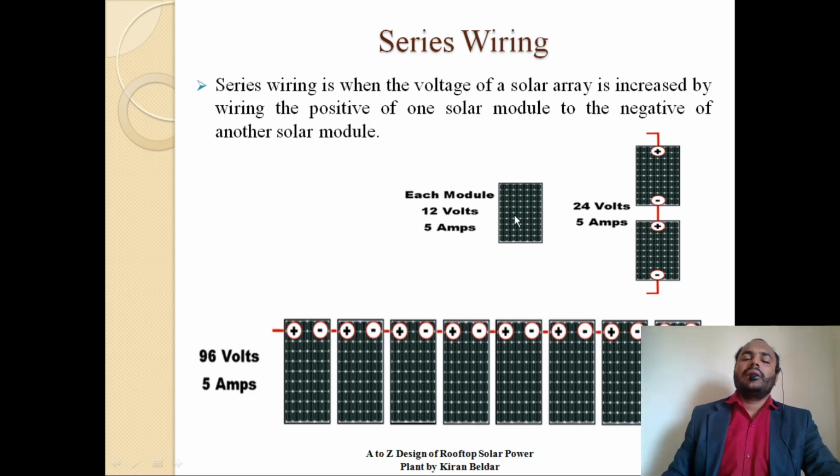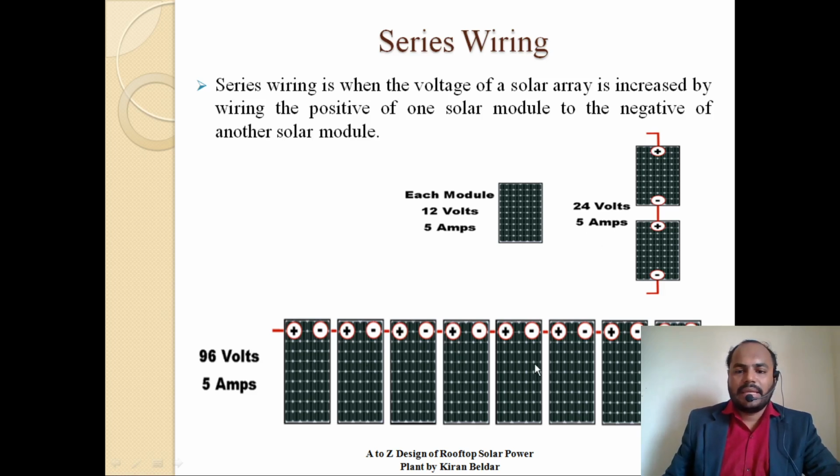By connecting the positive terminal of one module to the negative terminal of the next and taking out power from the remaining terminals, the voltage is 12 multiplied by 2, which is 24 volt, and the current is the same, 5 ampere.